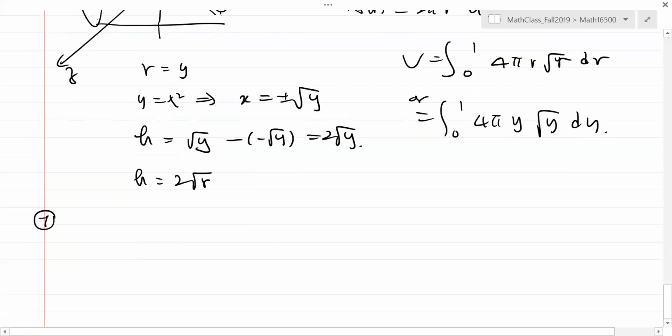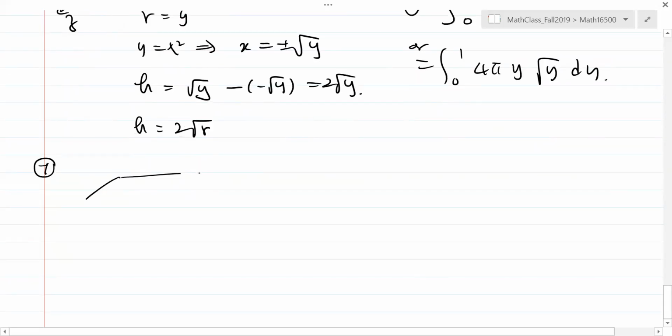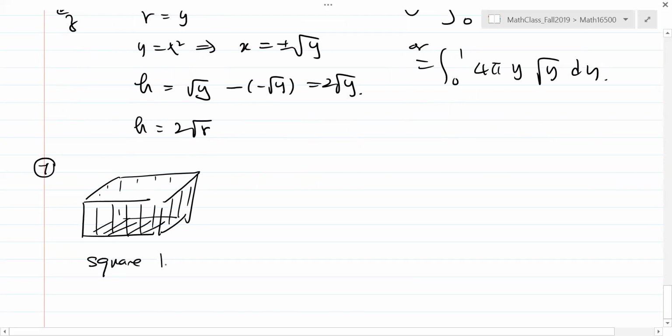All right, our next problem is the third problem. Rectangular tank with a square base and open top. Okay, square base and open top.